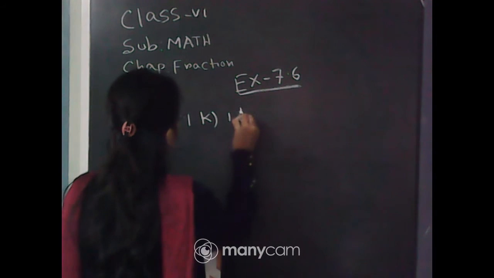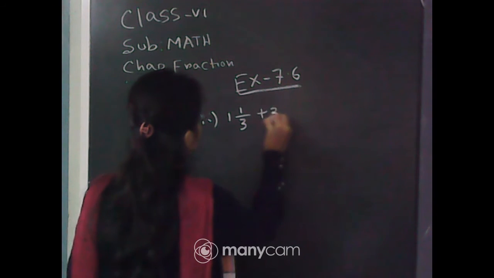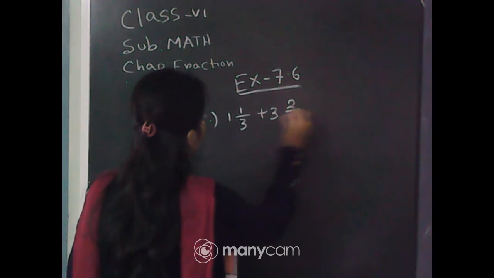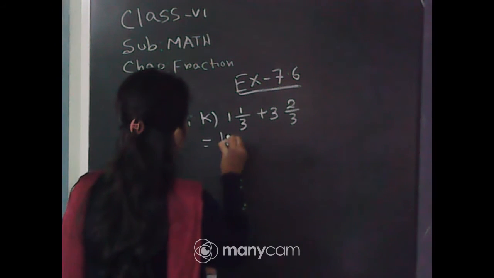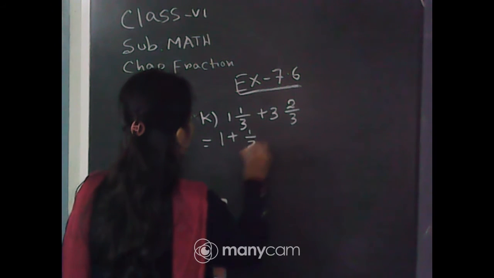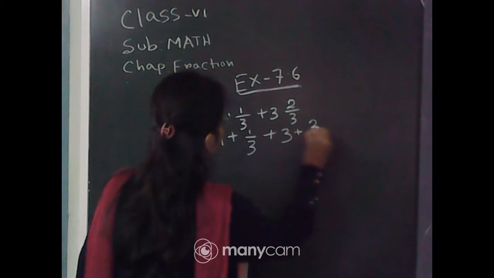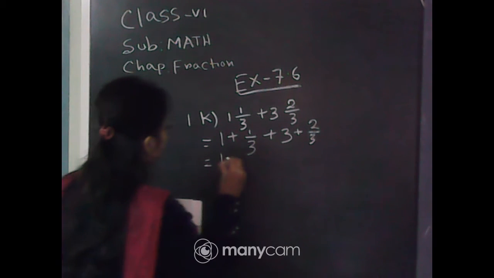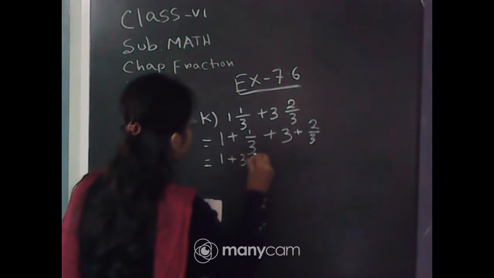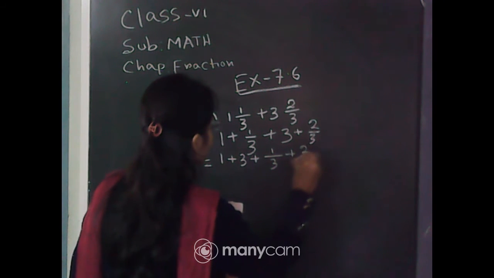One whole and 1 by 3 plus 3 wholes and 2 by 3. We can write this as 1 whole plus 1 by 3 and this as 3 plus 2 by 3, and this is equal to 1 plus 3 plus 1 by 3 plus 2 by 3.